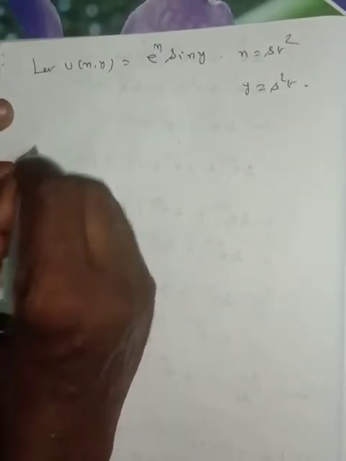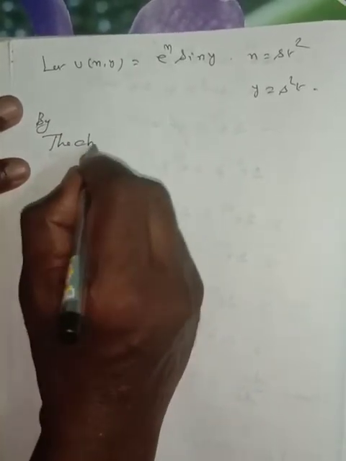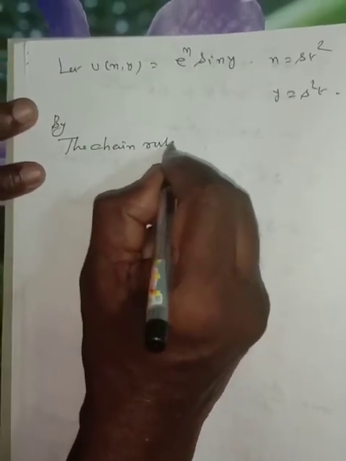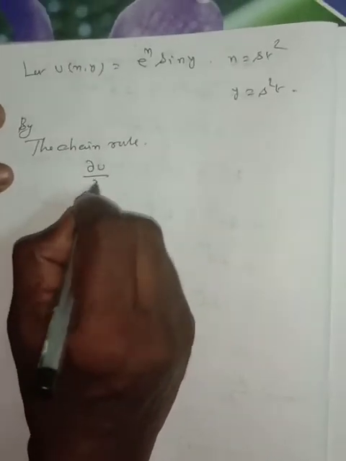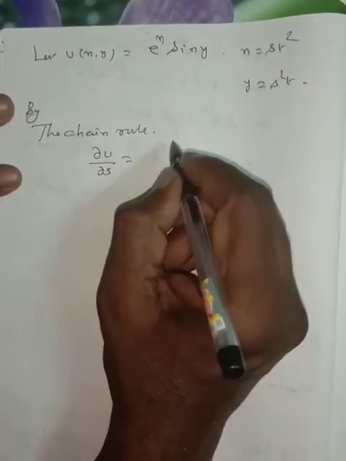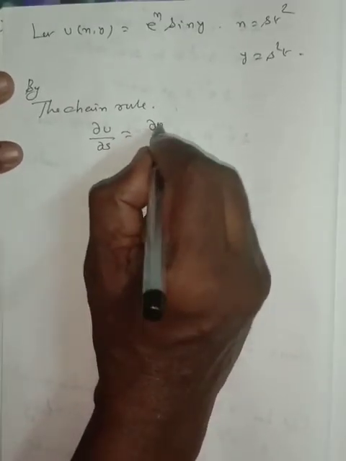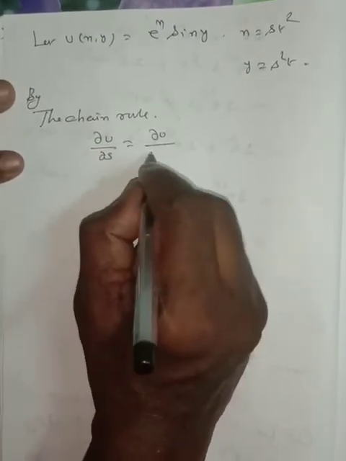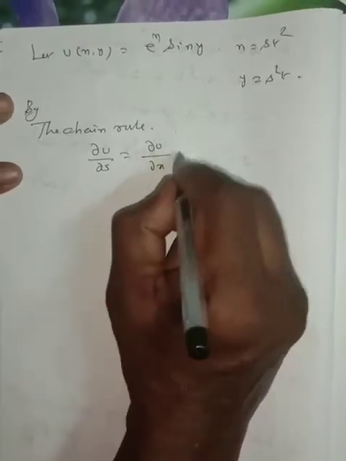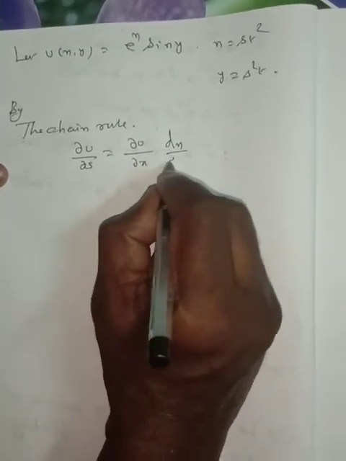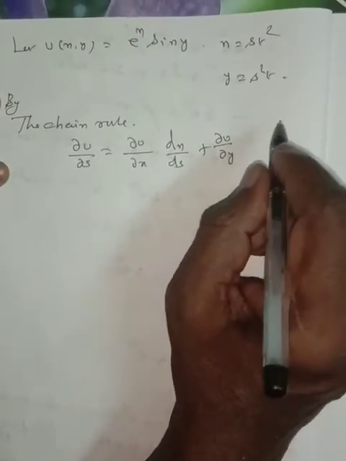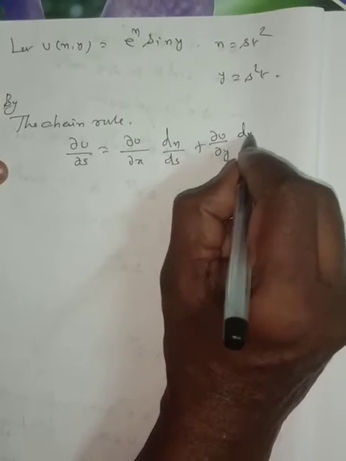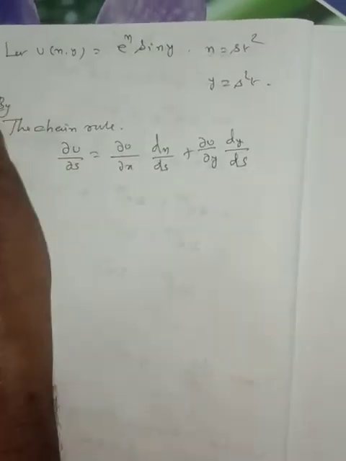So by the chain rule, dou u by dou s is equal to dou u by dou x into dx by ds plus dou u by dou y into dy by ds.